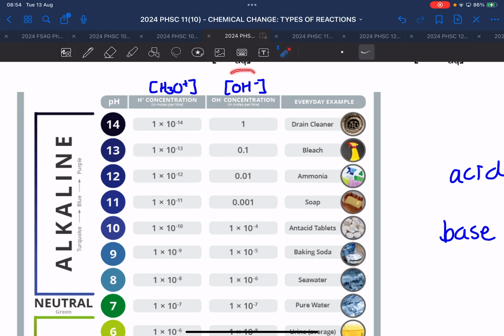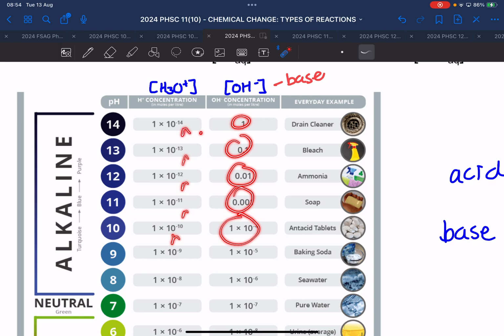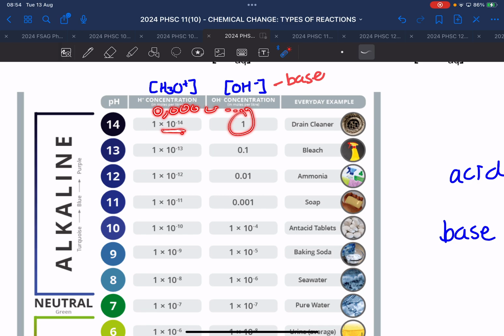If you look at the concentration of the hydroxide ion, the concentration of the base, you can see that it is a lot bigger than the concentration of the hydronium ion, the concentration of an acid. So you can see one is a lot bigger than 10 to the power negative 14.